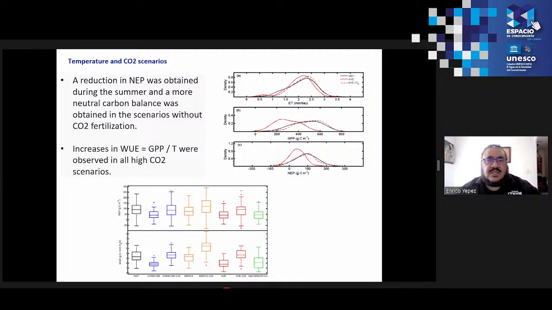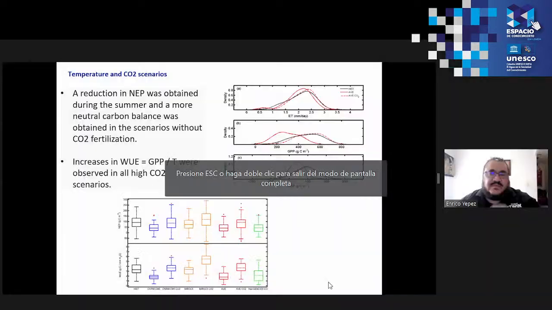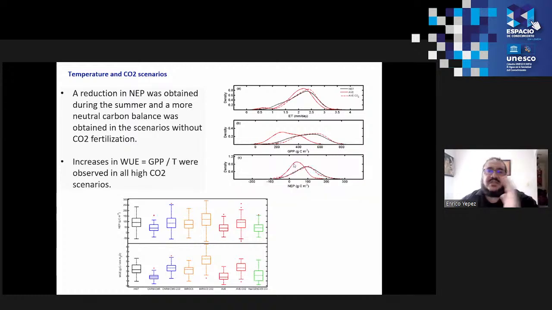And we learned two things that are very important. When we basically increase the temperature as is expected in the next, let's say, 40 years, we saw, as we see in this graph, with these probability density functions, how the net ecosystem production, the photosynthesis, deviated. So it reduced in comparison to the historic record that we had for the photosynthesis and the net ecosystem production for this system.